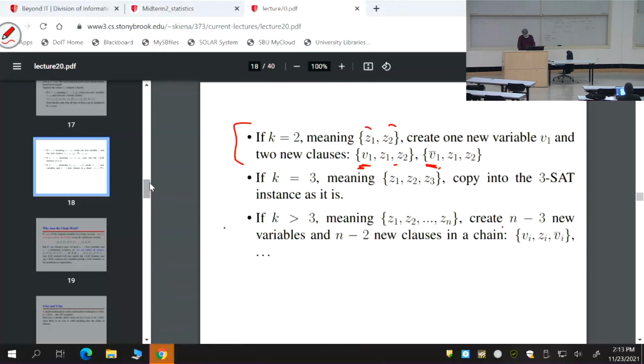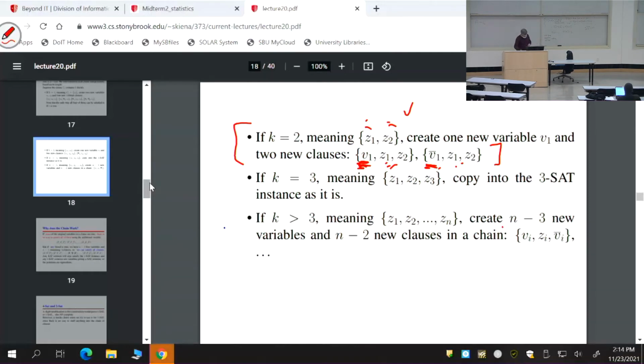If either z1 or z2 is true, both of these 2 clauses are satisfied. But if both z1 and z2 are false, then there is no way I can save it with my extra variable. Does everybody agree with that? These clauses are logically equivalent to those clauses. Any question?